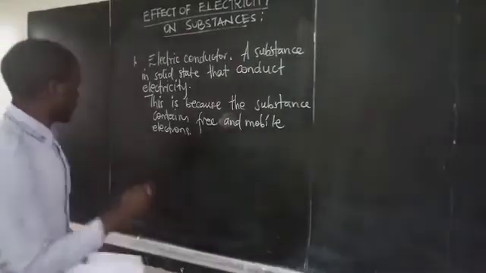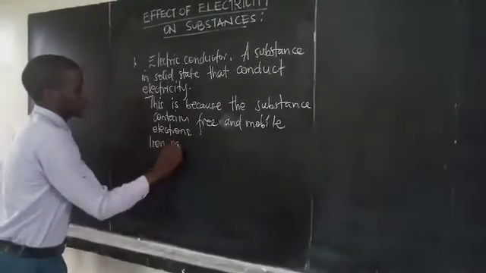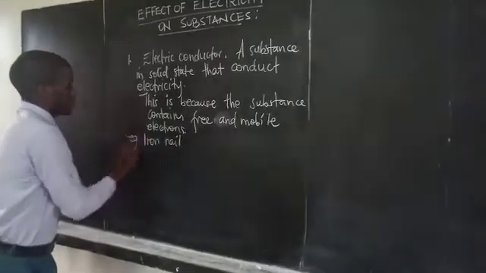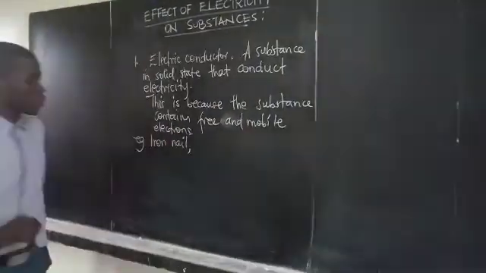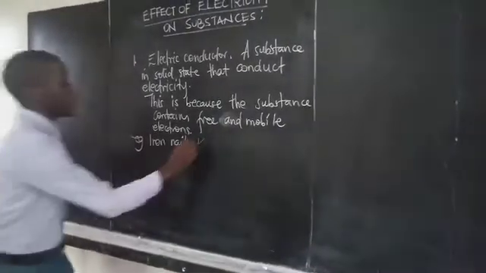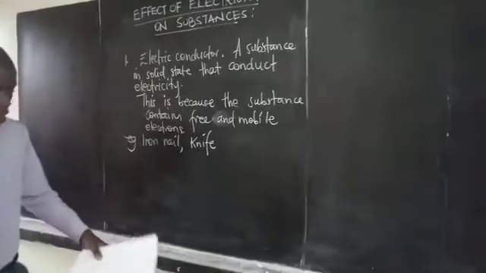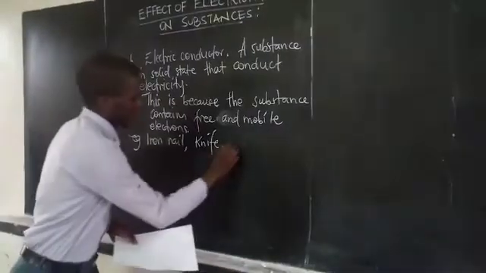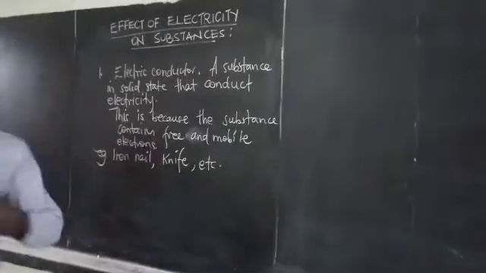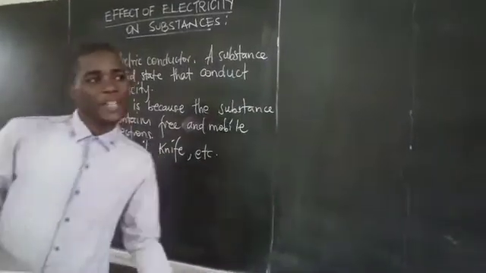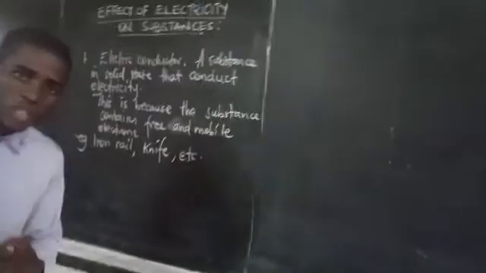And we tried a number of them. We tried an iron nail. We tried a knife. And many others, and we said these ones can conduct electricity. In conclusion, you will discover that all metals conduct electricity.